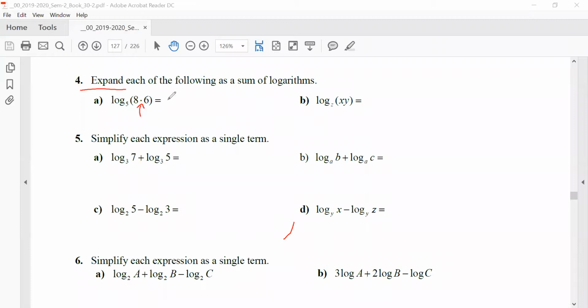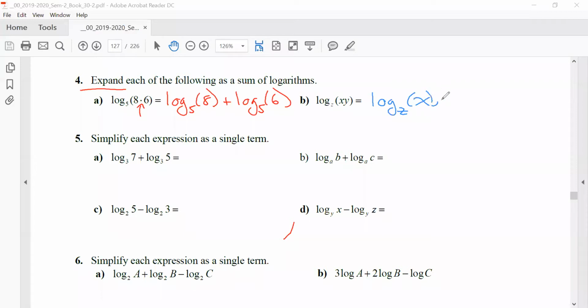So that means their goal was to turn multiplication into addition. There it is. Those two things are equal to each other. They look different, but they're equal to each other. Next one, there are no numbers. Doesn't matter. The rules are still the same.